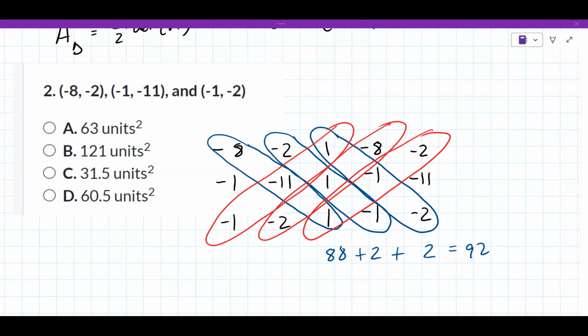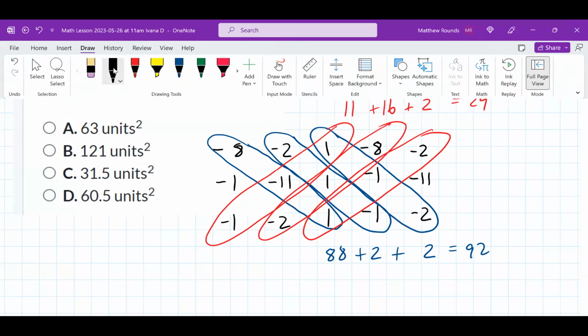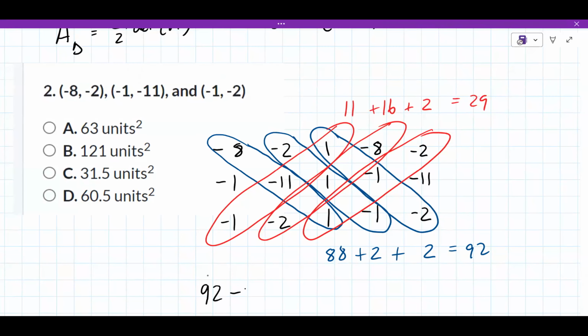So here the answers. It's 11, 16, and 2, and when you add those together, that's going to be 29. No, wait, yeah, 20. And you take the bottom number and subtract the top, but then you have to take half of it.